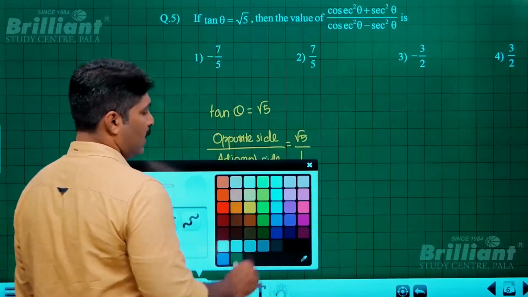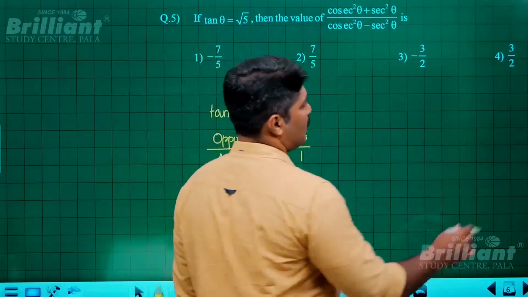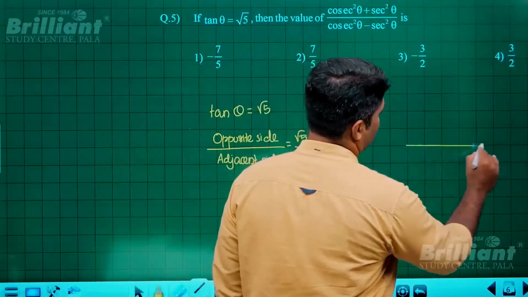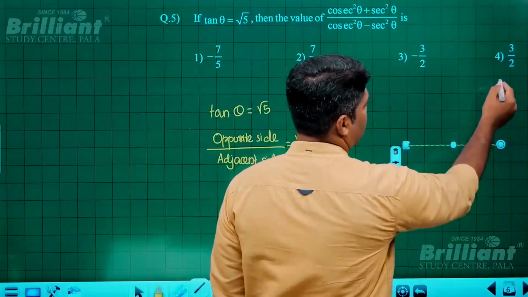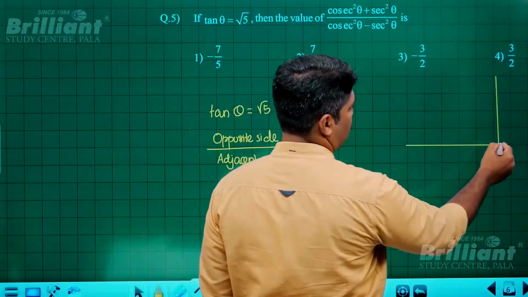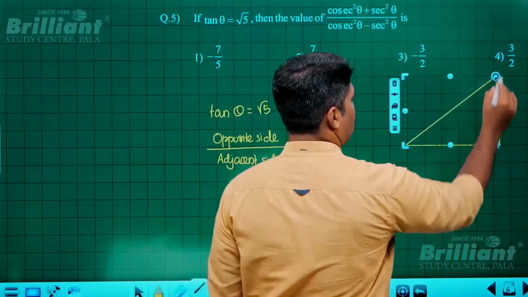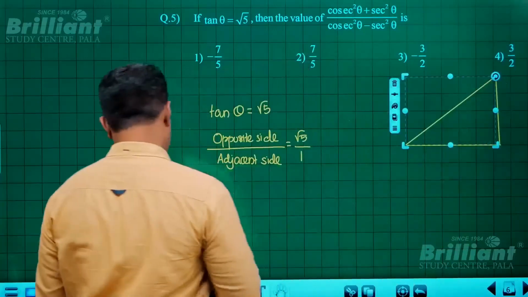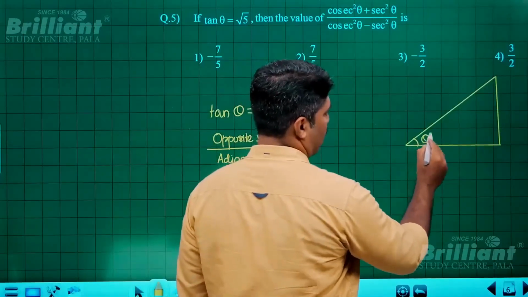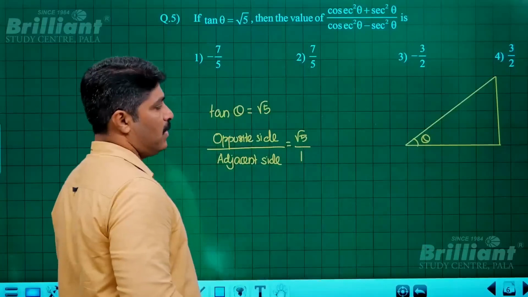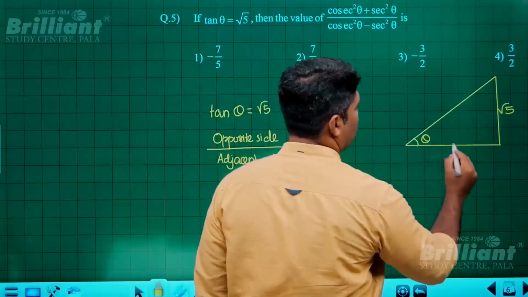So think about such a triangle in the first quadrant. Got it? Suppose this acute angle is theta. Opposite by adjacent: here, the opposite side is root 5, the adjacent side is 1.